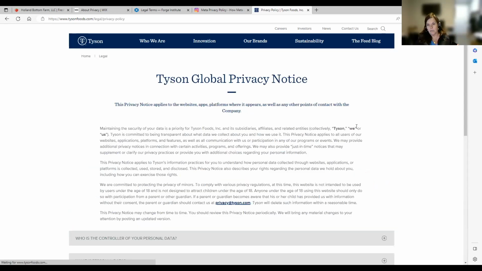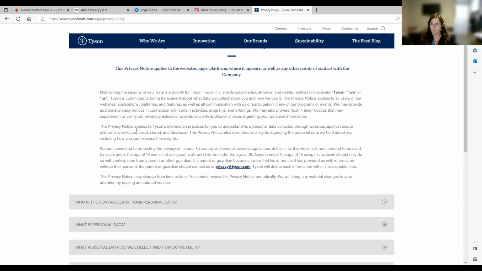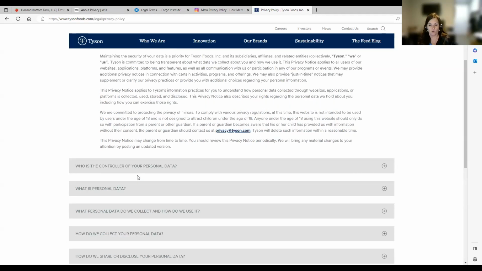they have a very organized privacy policy where they talk about how it applies to websites, apps, and platforms for the company, as well as who is the controller of your personal data.